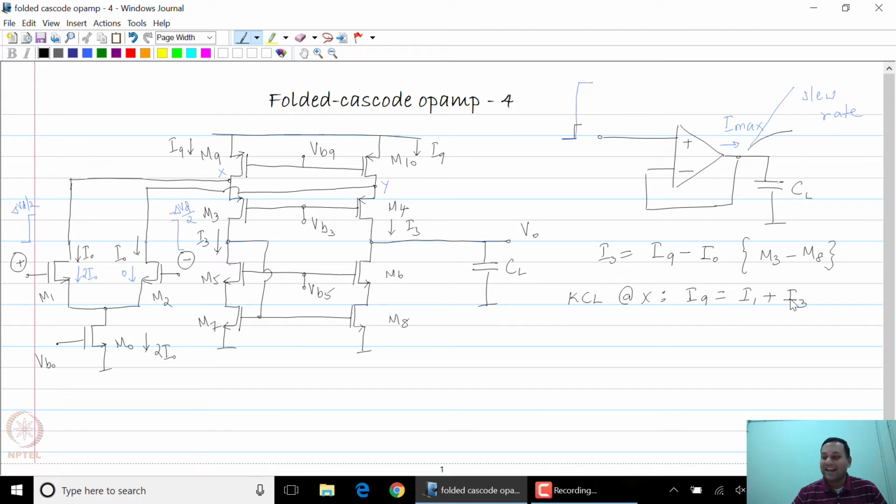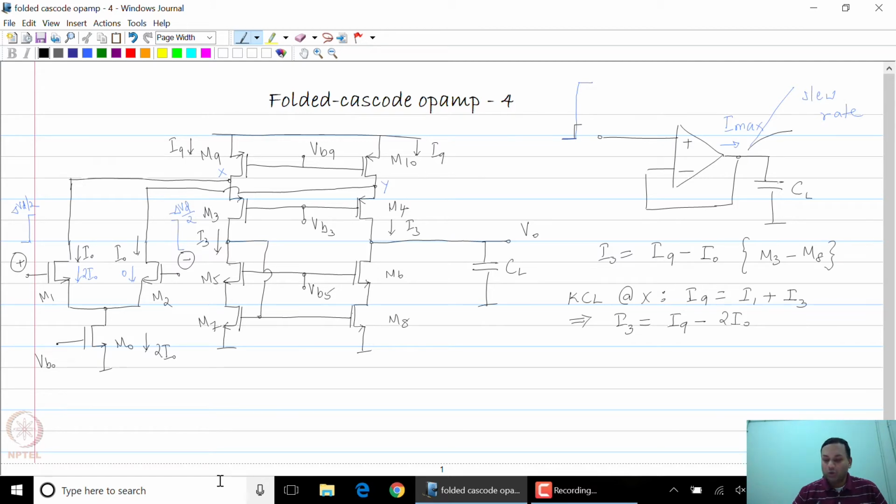So in other words, ID9 is equal to ID1 plus ID3. Now I9 of course is fixed, and the current entering M3, ID3, is now equal to I9 minus 2I0, because I0 happens to be the original bias current through M1 and M2. Now all of this total bias current 2I0 flows through M1.